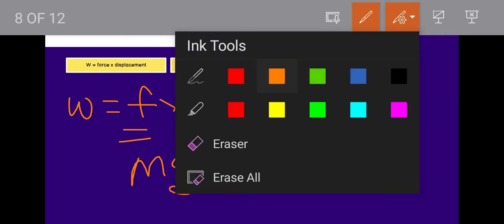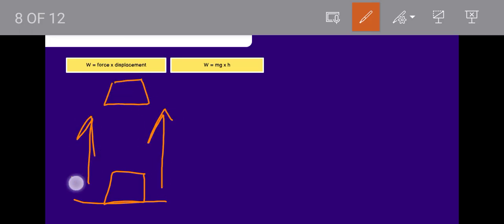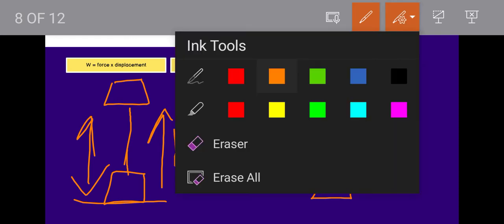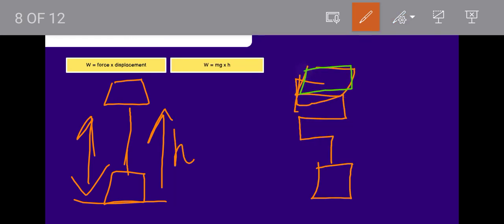Okay. And one more thing, that if I have an object on the ground here and I am raising it over here, so this is the height h and this is the path I have taken to raise it, right? And if I take the same object and I raise it like here, taking this path, to the same height as of the previous height, the potential energy will be same here.